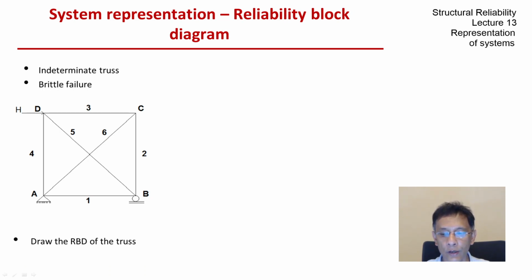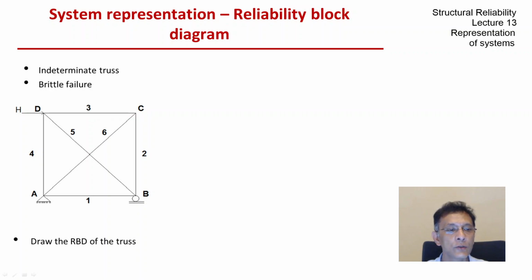Again, depending on our understanding of the structure and how its boundary conditions are, what its material is, and so on, we can find its reliability block diagram by inspection, or we might have to do some structural analysis as well.